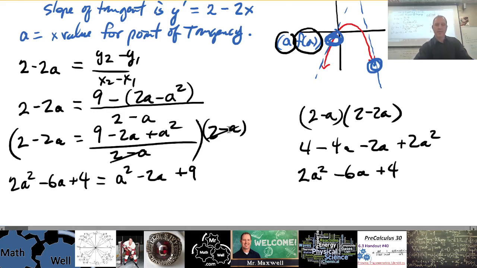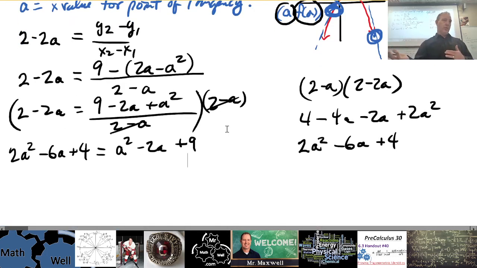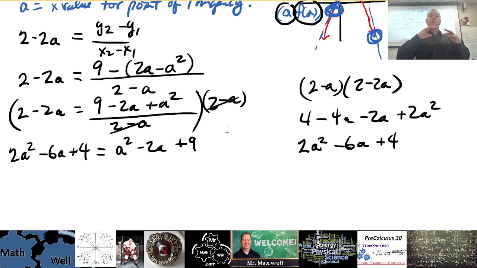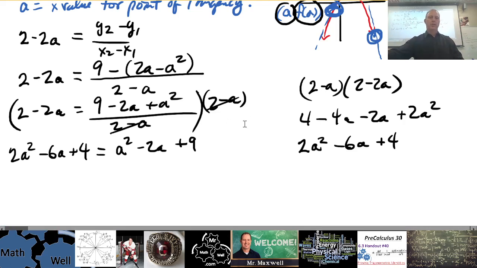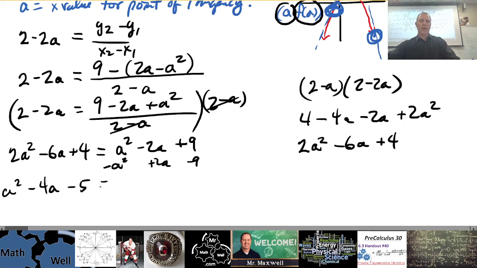So I'm going to put everything over to the left side, let it equal 0, because then I can use the quadratic formula, or I can factor, maybe, and use the zero product principle. So if I get everything over to the left side, subtract a squared, add 2a minus 9, I'm going to get a squared minus 4a minus 5 equals 0.